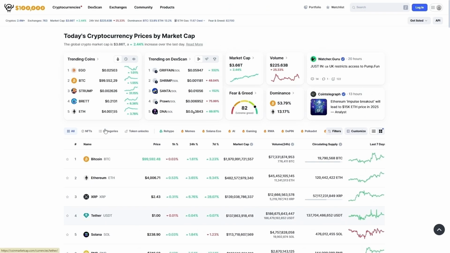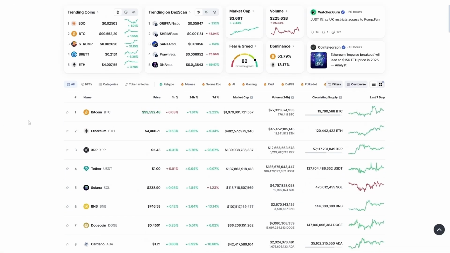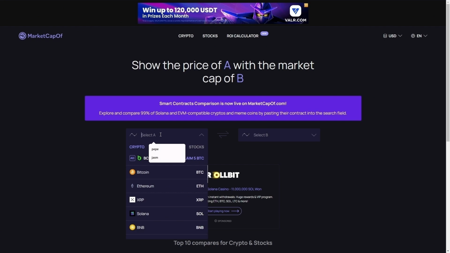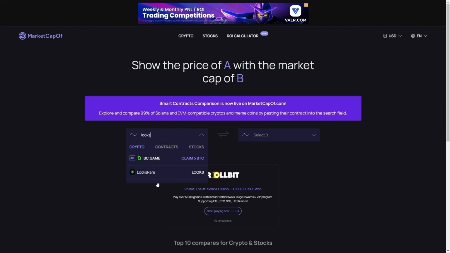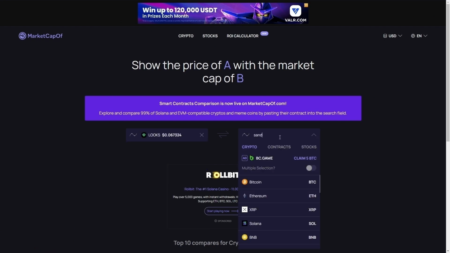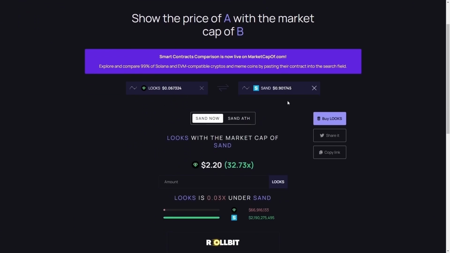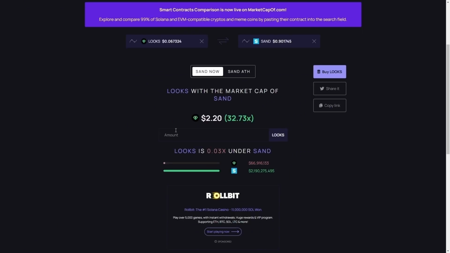What you can do is, for potential TP targets, don't stare blindly at it, but for example here we go to the market cap of Cent. So what we just had a look at, for example, LOOKS compared to Cent. If LOOKS reaches the market cap of Cent, it would be at 32x, which I don't think it will do.